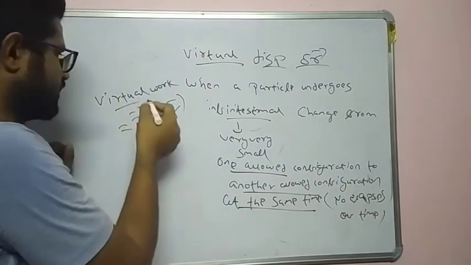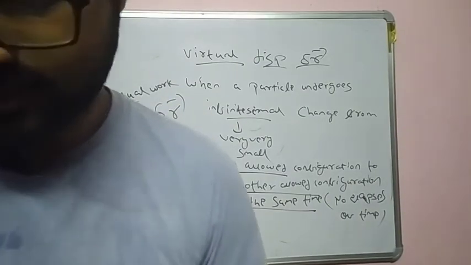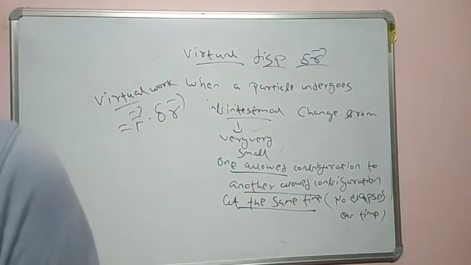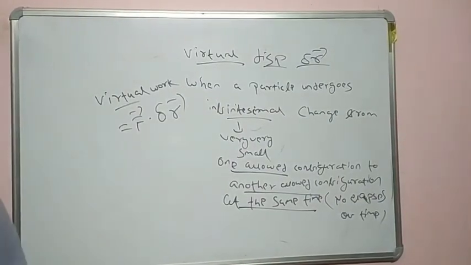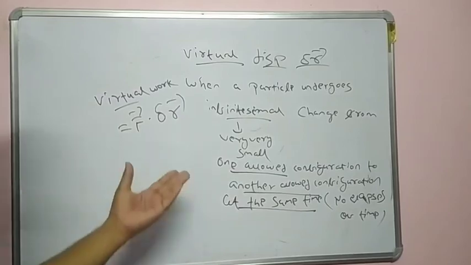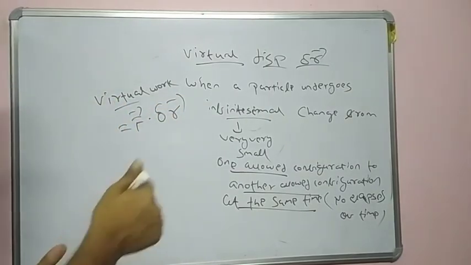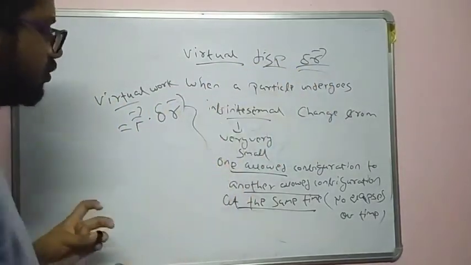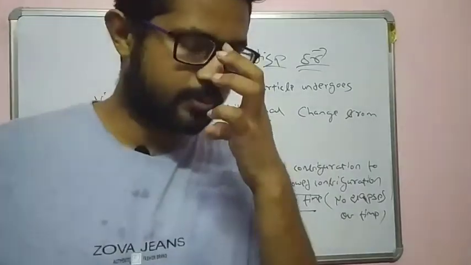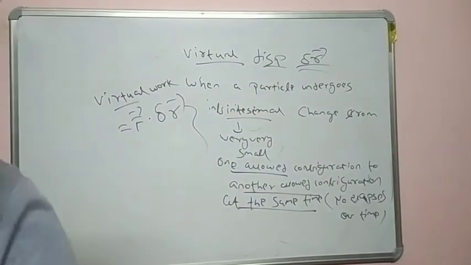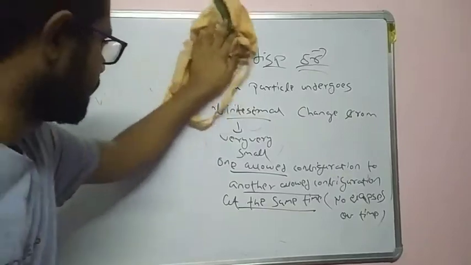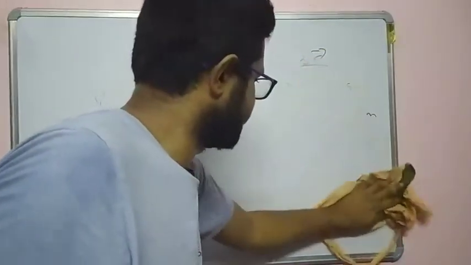Is it clear? So virtual displacement gives rise to virtual work, and these two fundamental things we are going to deal with in D'Alembert's principle. So revise it and wait for the next video. Thank you.